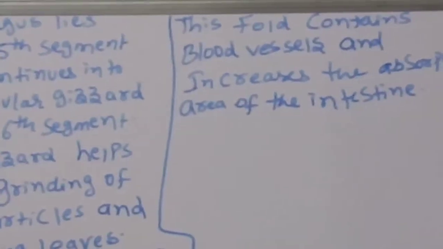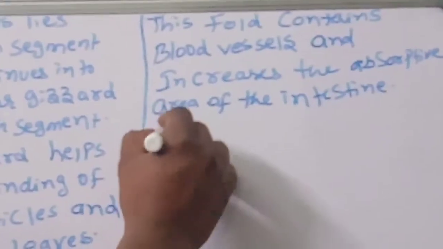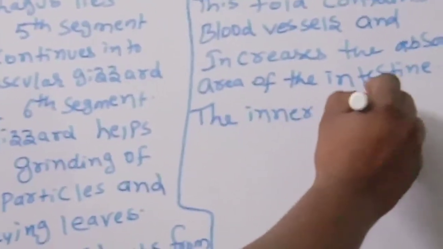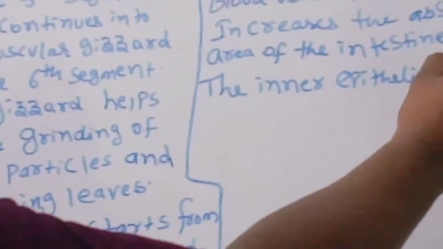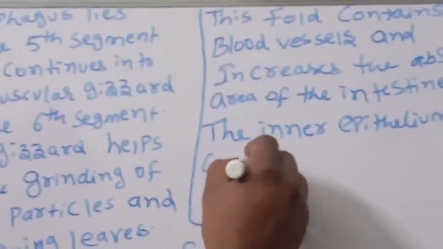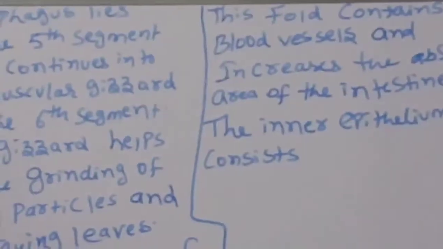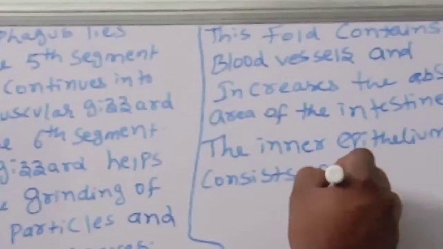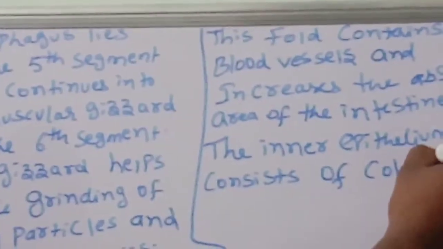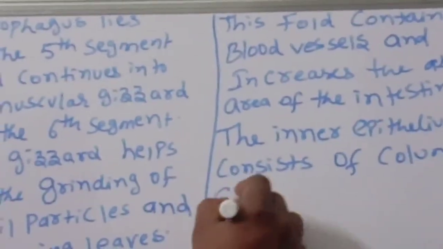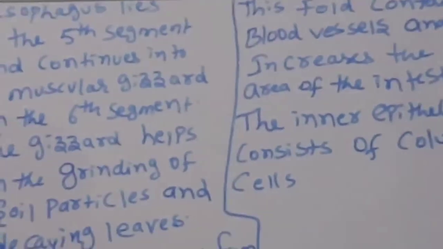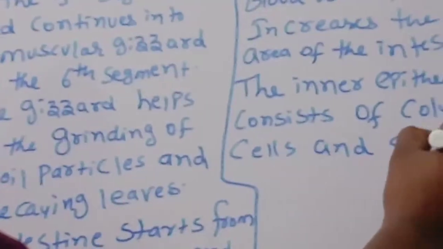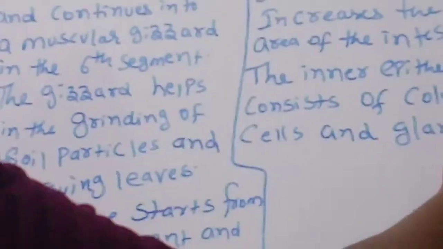Okay, children, the inner epithelium consists of columnar cells and glandular cells.